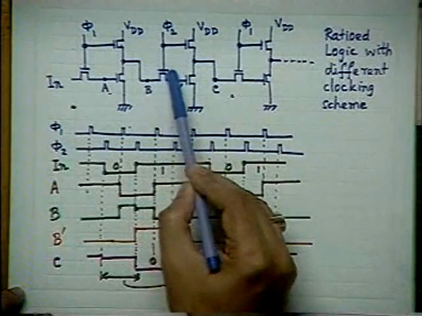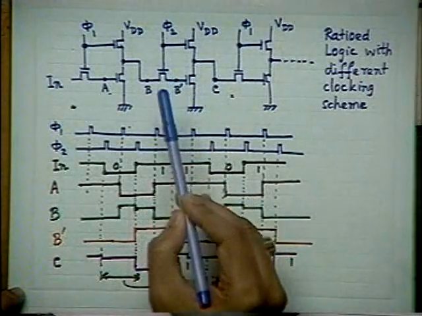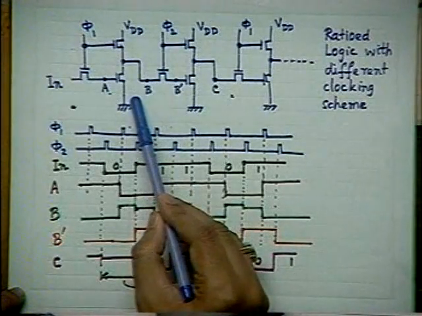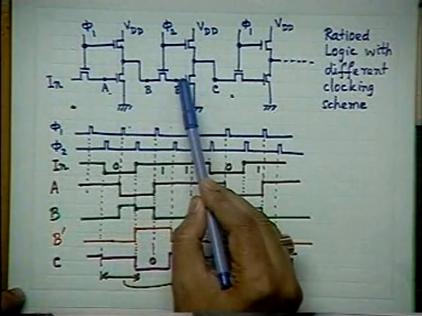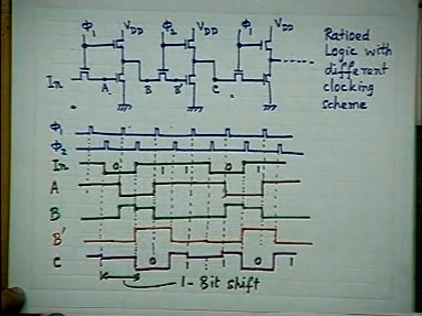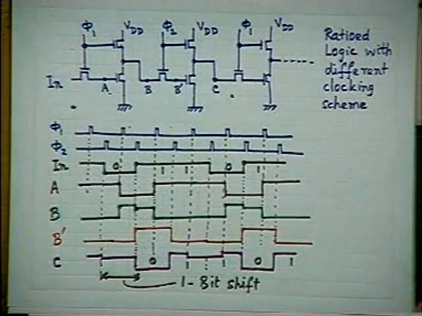Actually, I want that when this is off, the effective capacitance between B and ground should be quite large compared to the effective capacitance between B dash and ground. Is it all right or not?